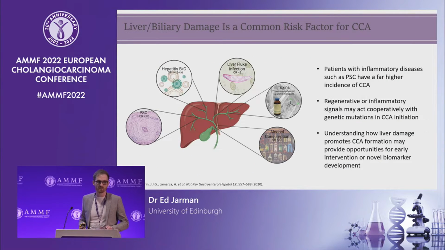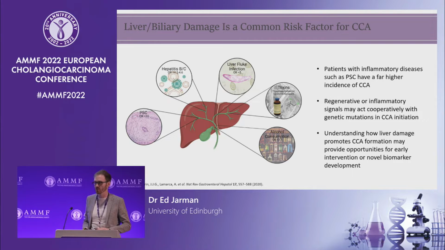And so this comes down to this concept that has been spoken about already today and yesterday, which is that risk factors for cholangiocarcinoma are often or always inflammatory or liver-damaging agents or conditions such as primary sclerosing cholangitis, hepatitis, liver fluke infection, etc. What's not really understood very well is how these regenerative and inflammatory cues coincide with genetic perturbations when tumours are initiated, because not all of these biliary cells in the inflammatory environment become tumours.